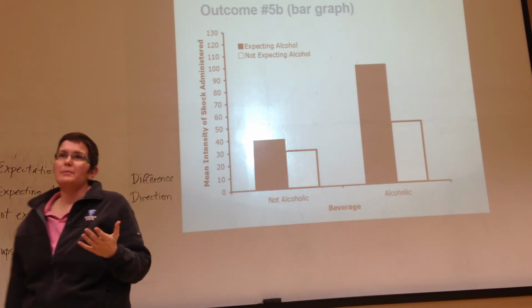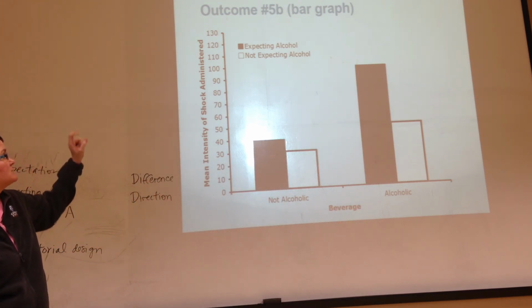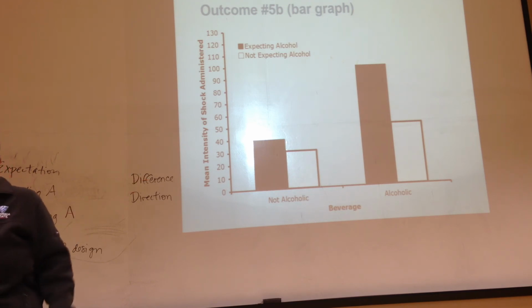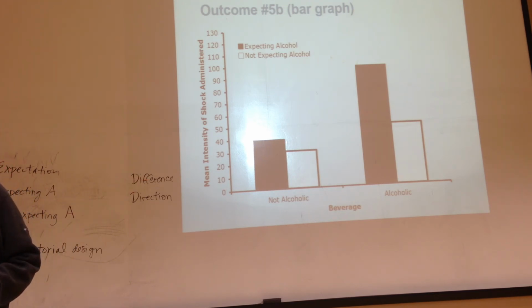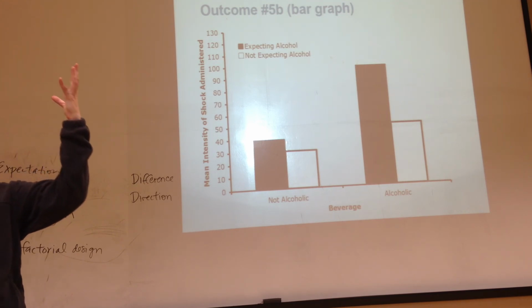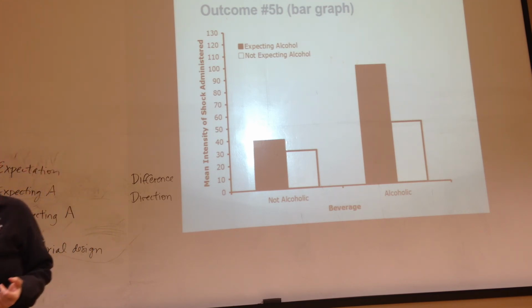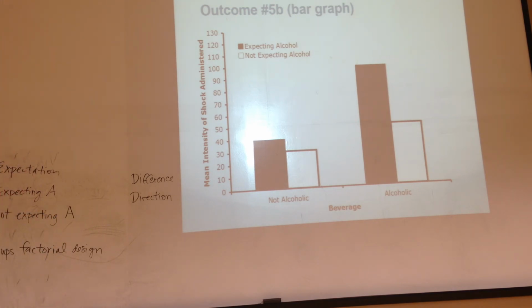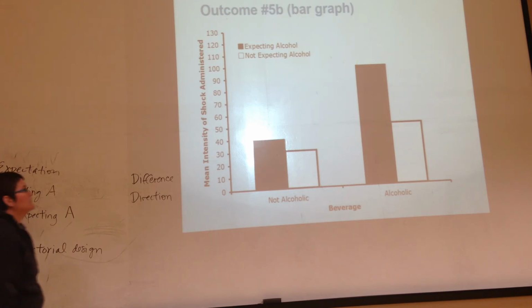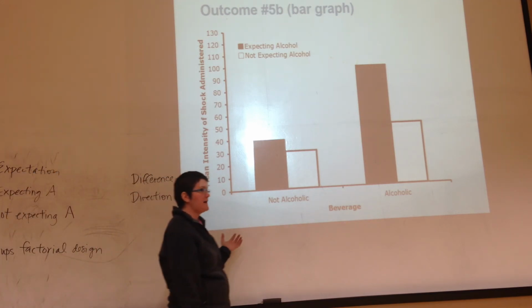Because that one black bar, the one for people who were expecting alcohol and got alcohol, is so much bigger than all the other ones. So in this kind of graph, it's a lot easier to see that interaction kind of pop right out. That one special combination of conditions that mattered in this study.